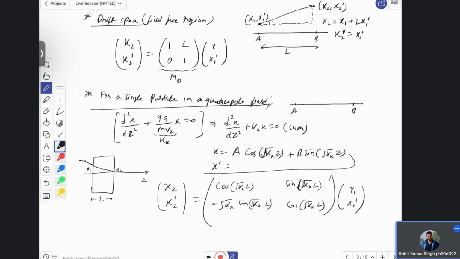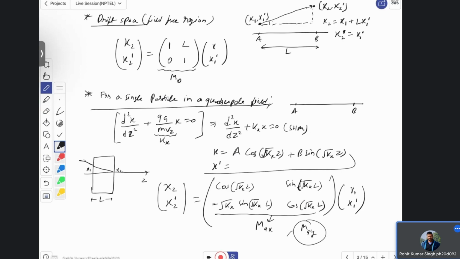Okay, so this is the transfer matrix for a quadrupole in the x direction. Similarly, you will have a matrix in the y direction, which has hyperbolic functions instead of simple cos and sine. Okay, so yeah, this is M_QX, and you can get the expression similarly for the y direction.